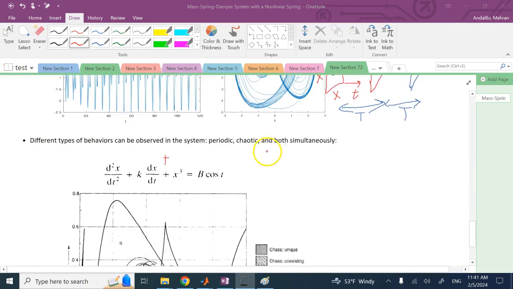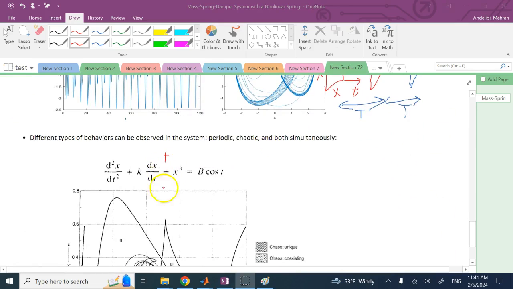Now, the last interesting thing I want to show you is here, you can see the Duffing equation. We just changed this in this picture. Not I did, but the author changed this sign that I had with cosine, right? So here I have sine, but you can have it cosine. And this B called it F and removed the linear term. So this K is the same as C for me.